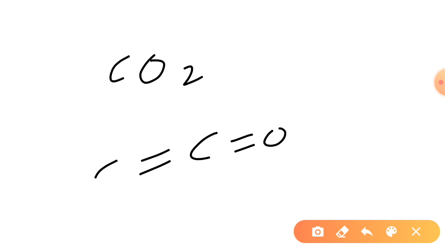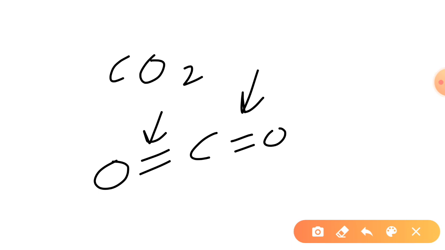So let me draw the structure of CO2. Carbon, which is our central atom, forms a double bond with each oxygen in order to complete its octet. So this is the structure of CO2. Here these are the multiple bonds present between carbon and oxygen.